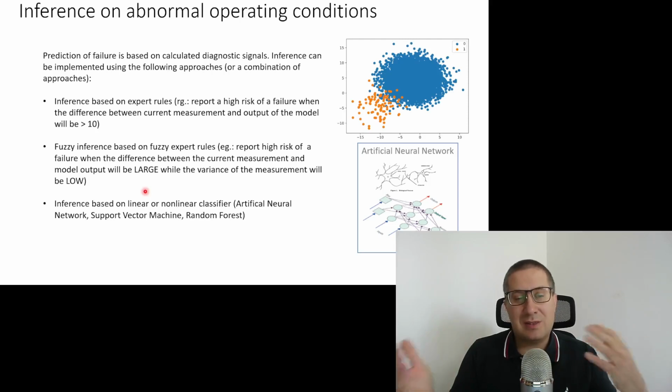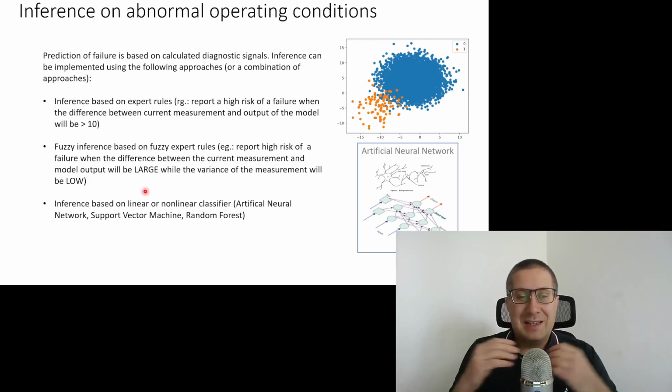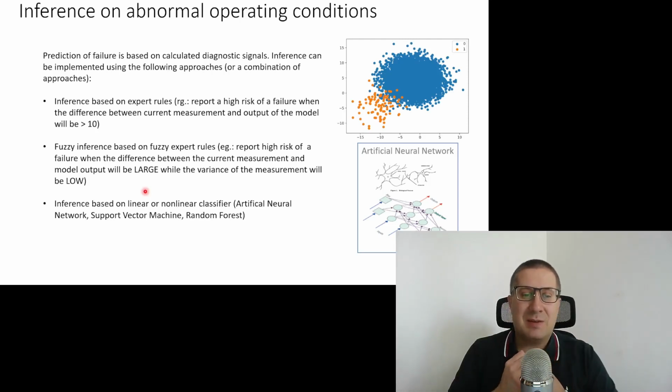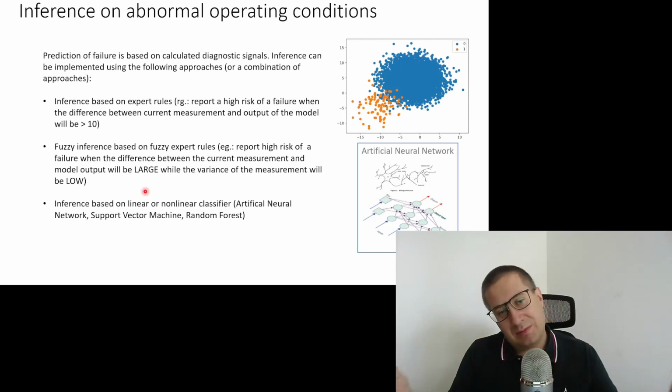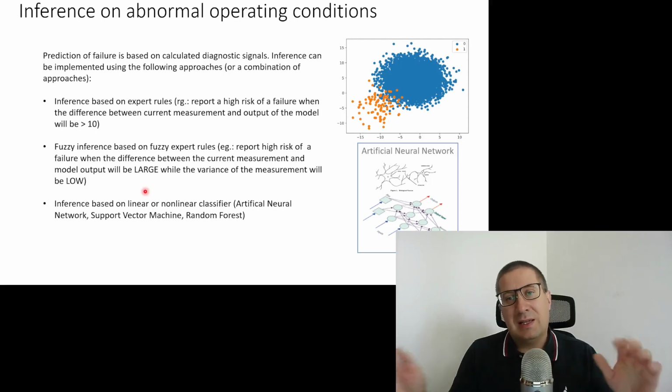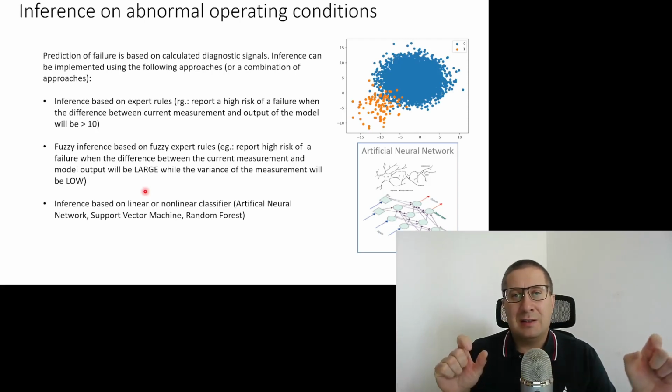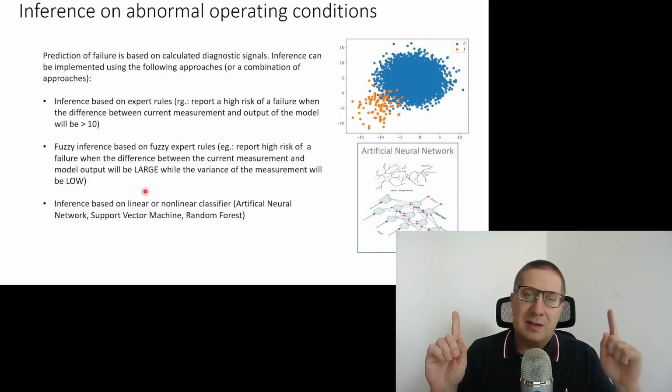This is the fuzzy approach, so they do not specify the exact threshold. They say that something is large while other things are low. And of course, we can define fuzzy sets that define what it means that the parameter has a large value or a low value.